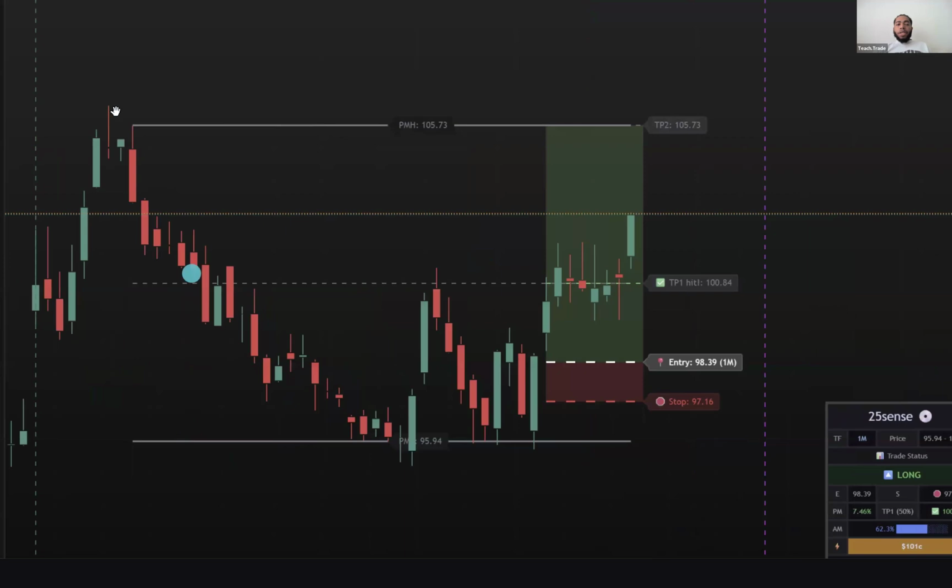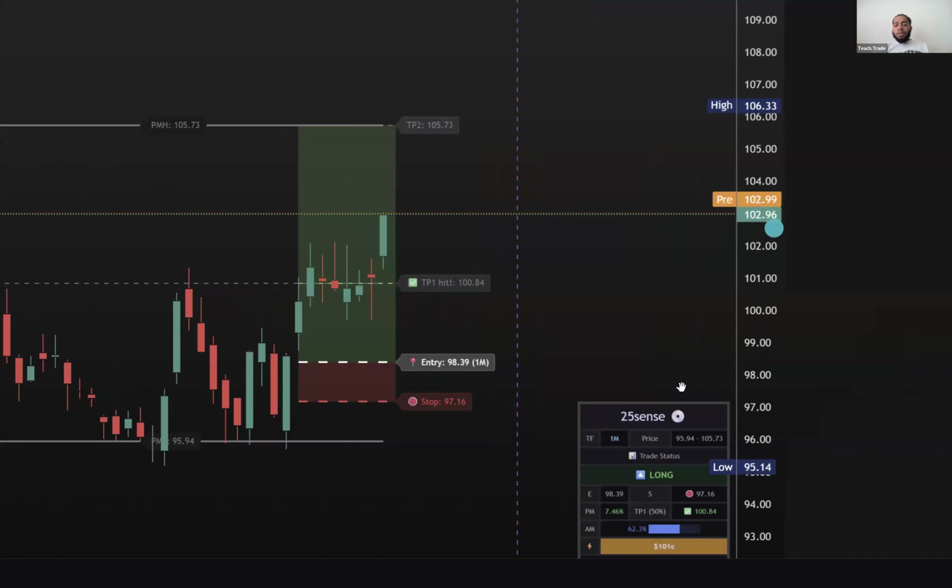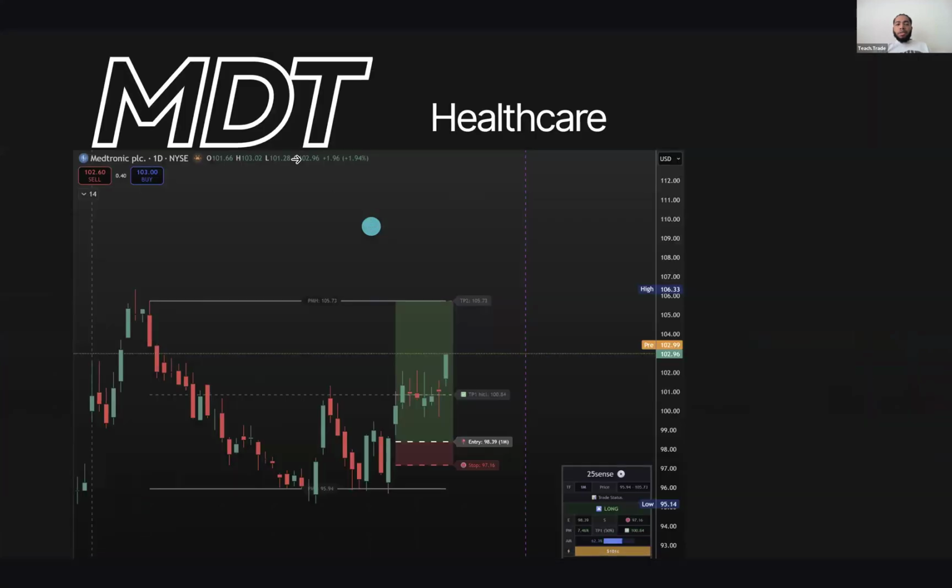However, it could still finish the job going all the way to 105, currently at 103. So there's still a lot of land to cover for MDT. I could look at 105 calls for the middle or end of February. This has earnings coming up, I believe February 17th, so that can be something you look at.